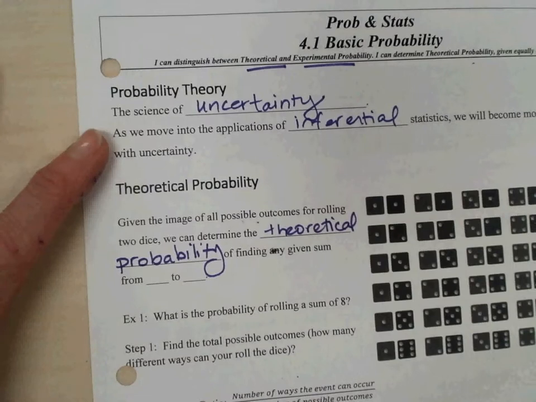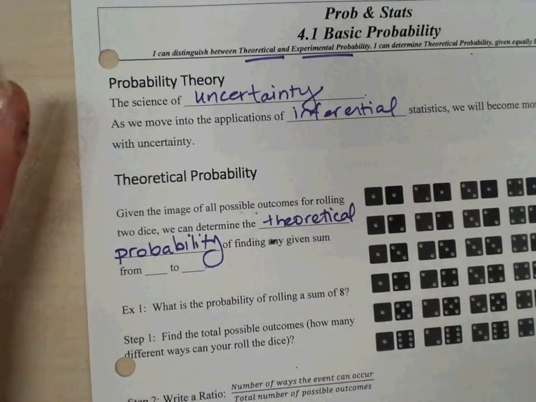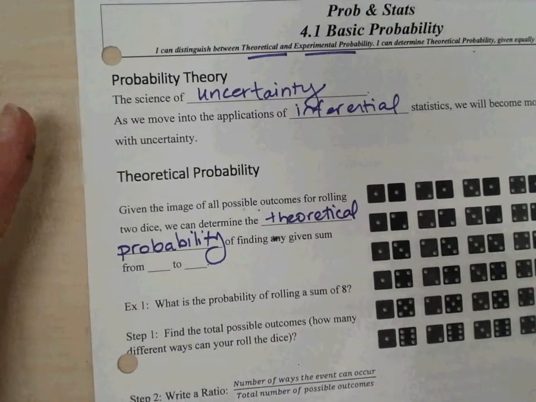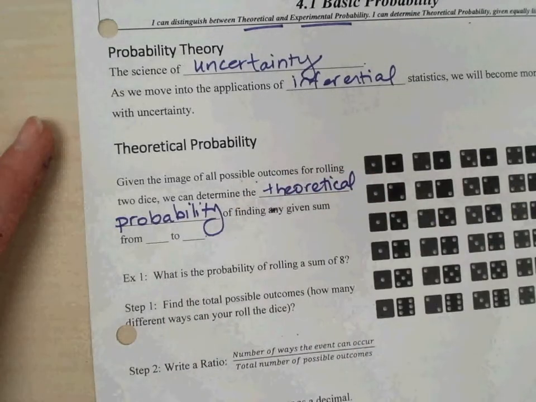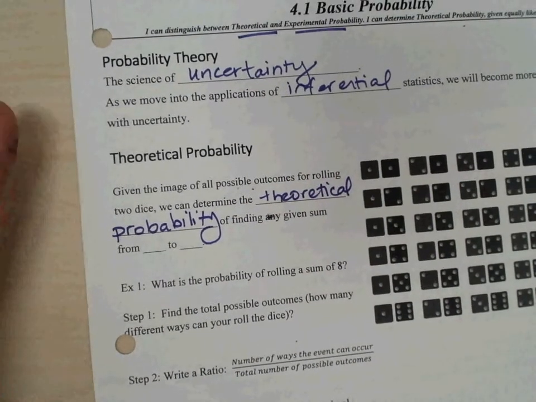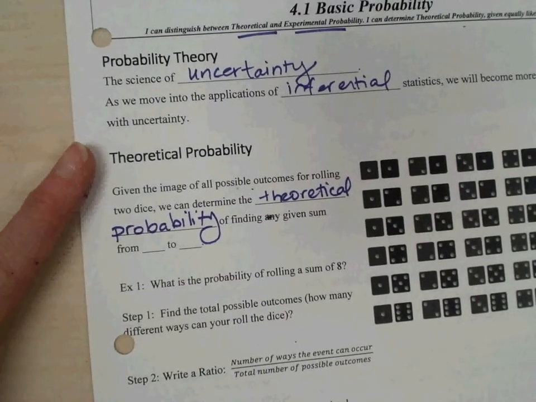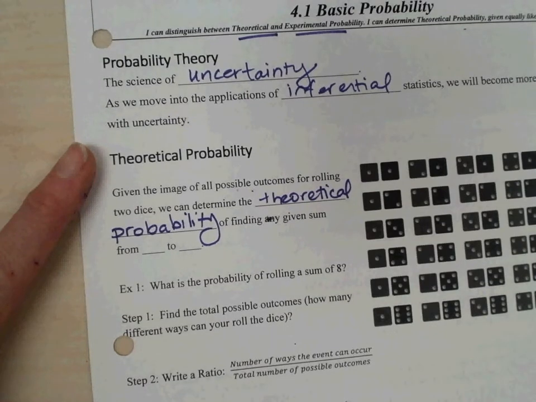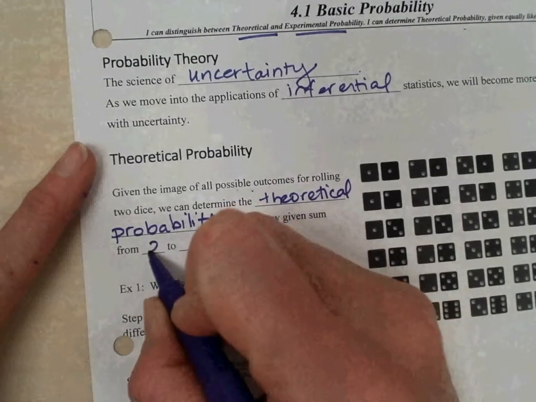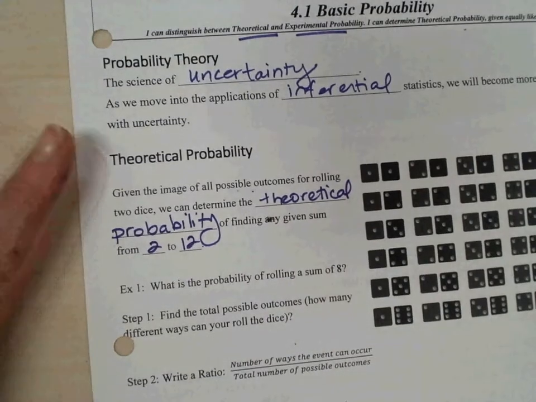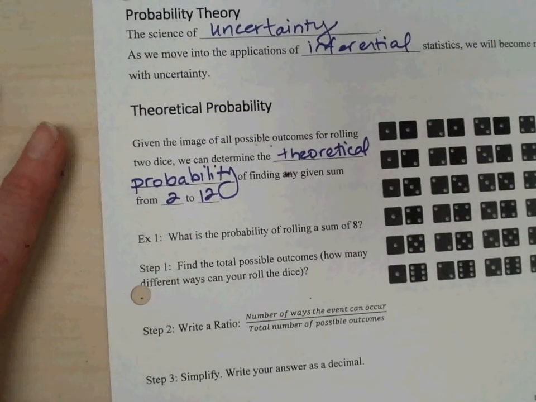The theoretical probability of finding any given sum from, you can shout it out, 2 to 12, yep. The sums are anywhere from 2 to 12. And we're going to look at this example.